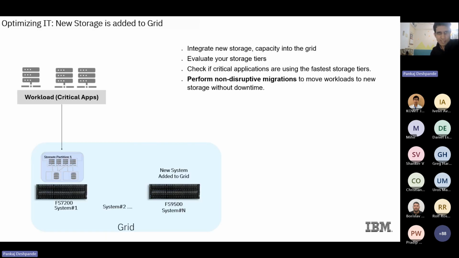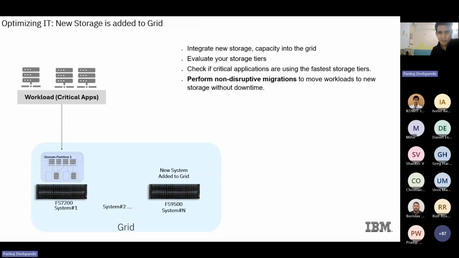So these are the key use cases I can think of. First, the new storage is added to the grid. This is a differentiating technology for optimizing IT, which is a key requirement. When a new storage system gets added to the grid, you can evaluate the storage tiers.